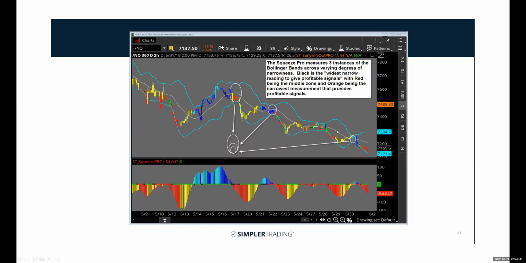And if we have a very tight squeeze, we would have the orange dots, okay? And so all it's showing us is how much compression we have. Think of it as if it's a spring. The more it's compressed, the more energy it will have to release. Right? And that's all there is to that.